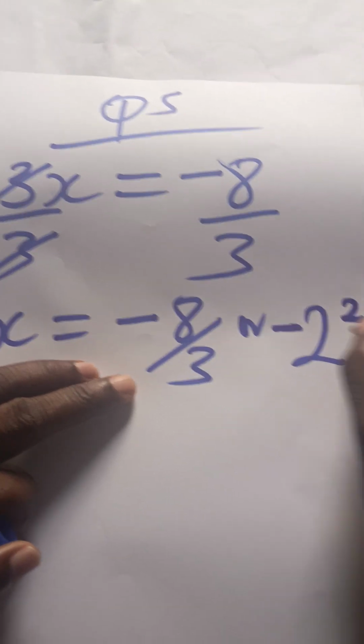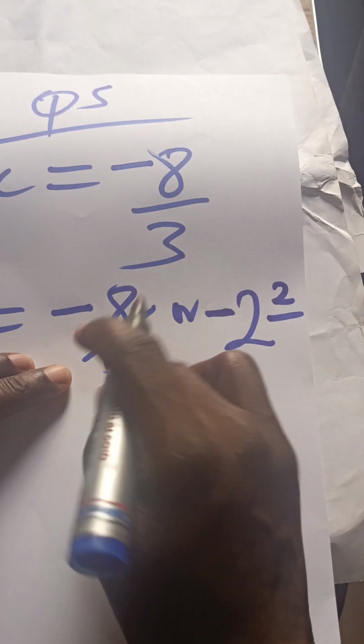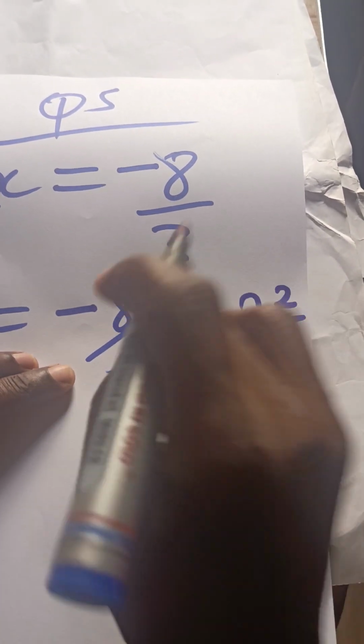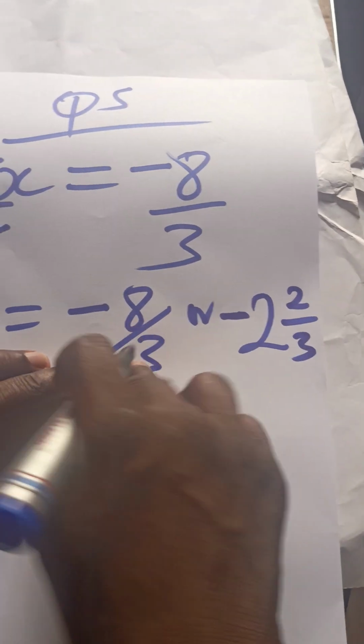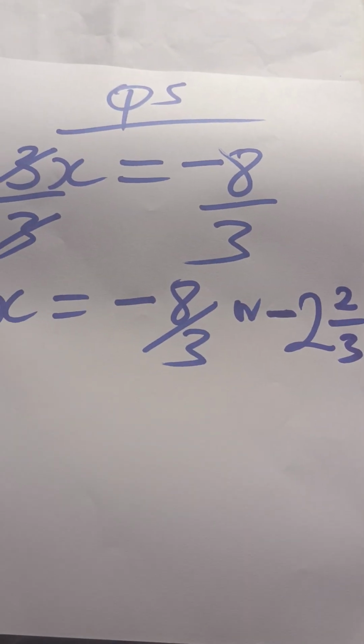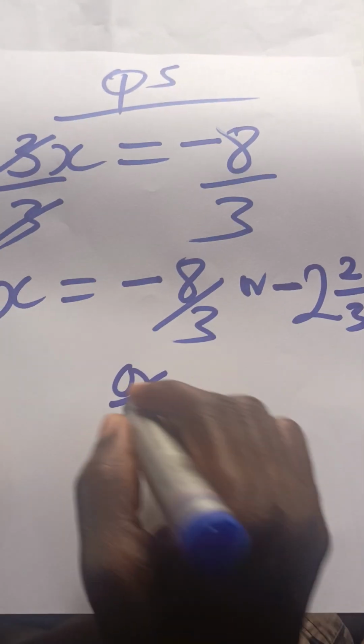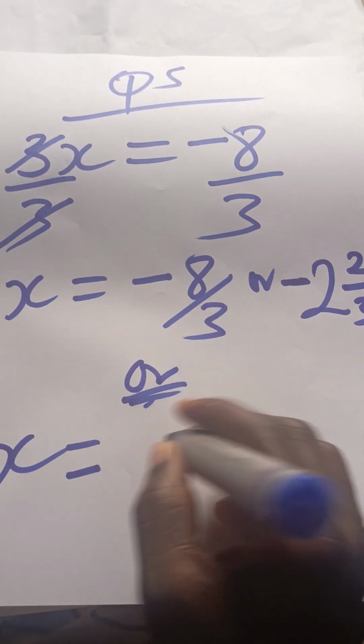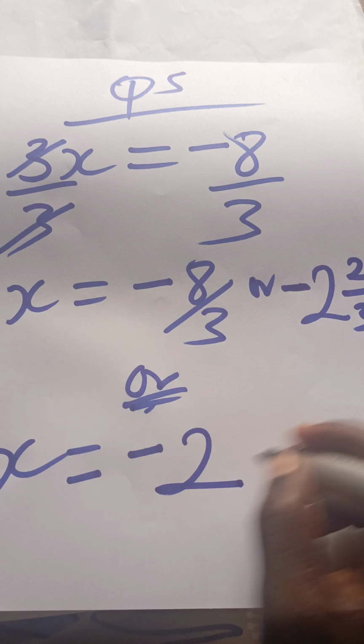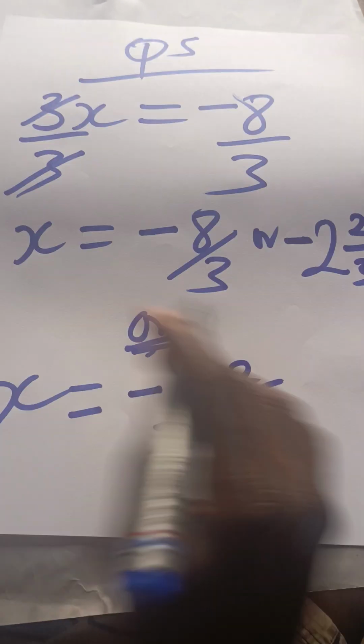So I write my 2 here, then you bring your 3 under as the denominator. So you can also write it as x is equal to negative 2 whole number 2 over 3.